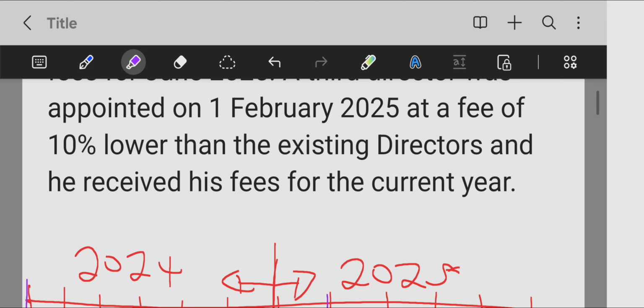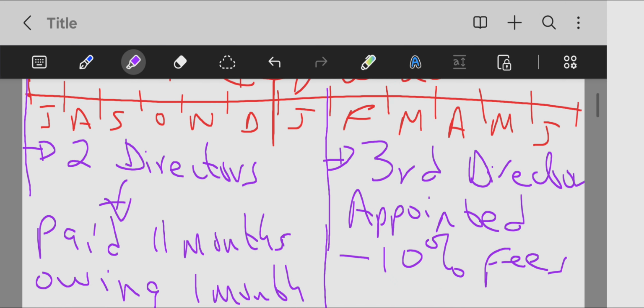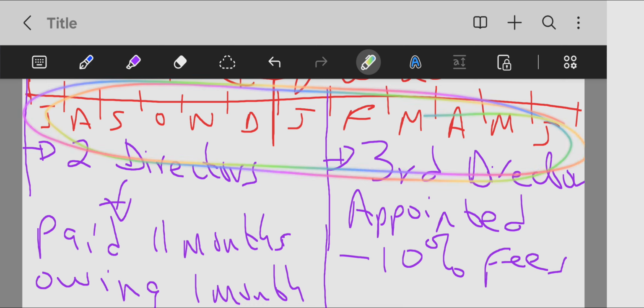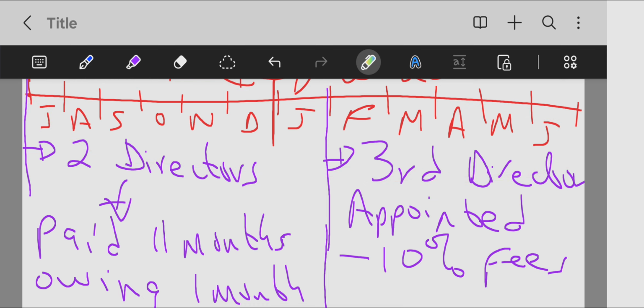Let's go back. And he received his fees for the current year. He received his fees for this whole year. No, he cannot receive the fees for 12 months because he was only appointed on the 1st of February.